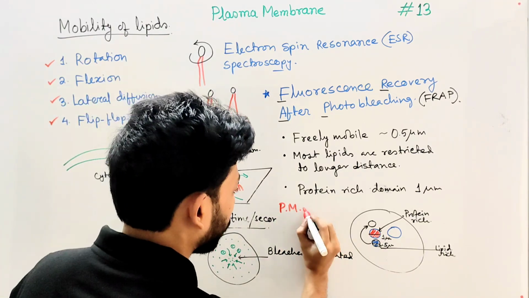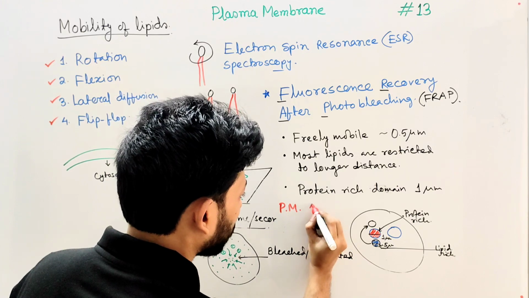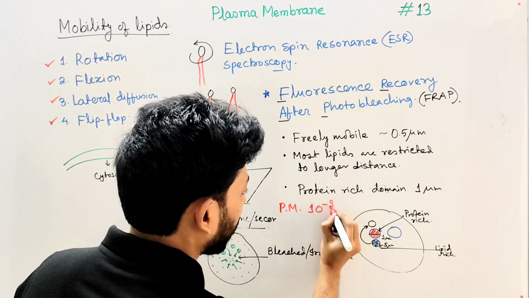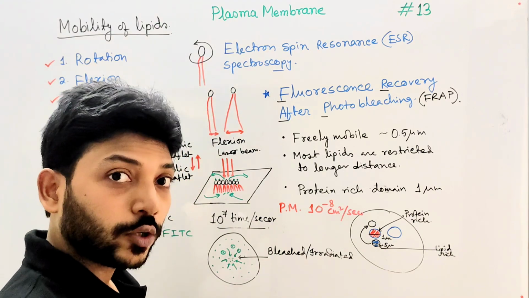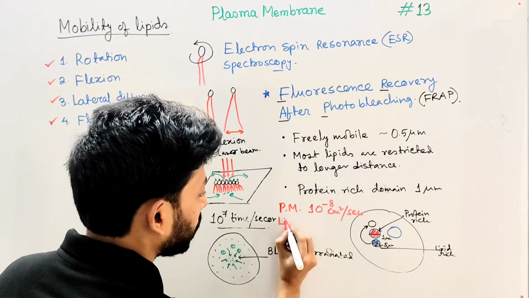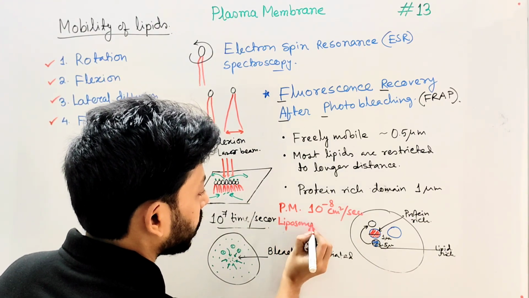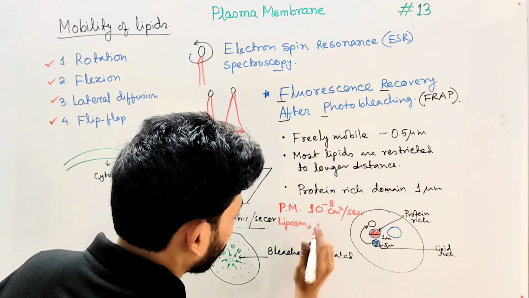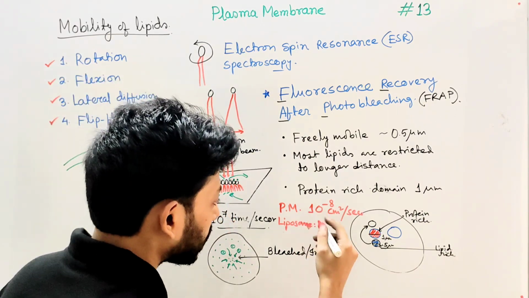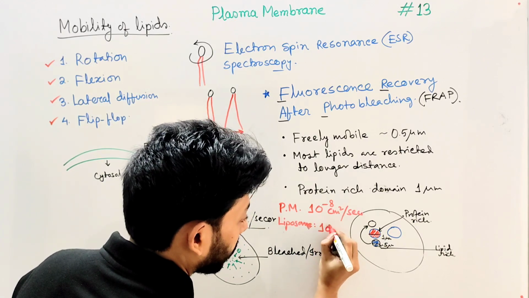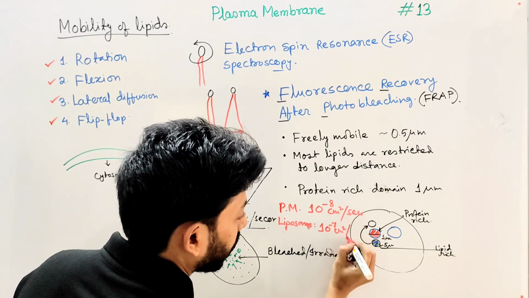They found that the rate is 10 to the power minus 8 centimeters square per second. But in case of liposome, that means the artificial bilayer liposome, the rate of lateral diffusion is higher, 10 to the power minus 7 centimeters square per second.